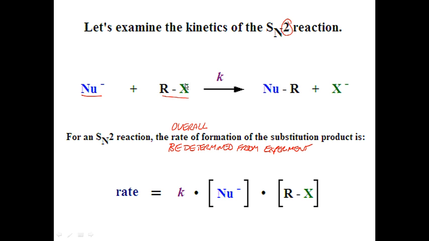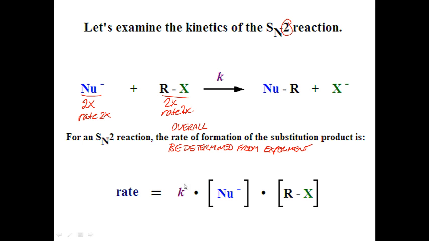What happens to the rate of the reaction when I double the concentration of alkyl halide? So what people found was that for what became known as SN2 reactions, when you doubled the concentration of nucleophile, the rate doubled. Or when you doubled the concentration of alkyl halide, the rate also doubled.